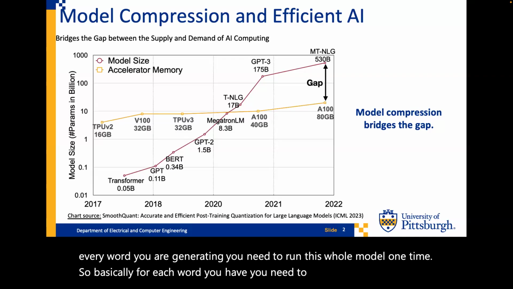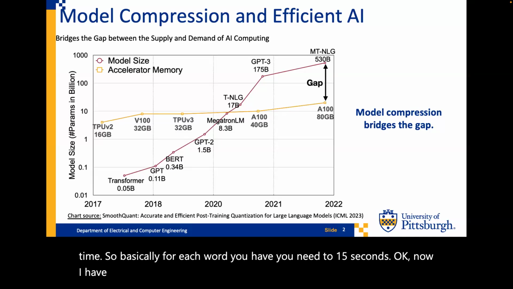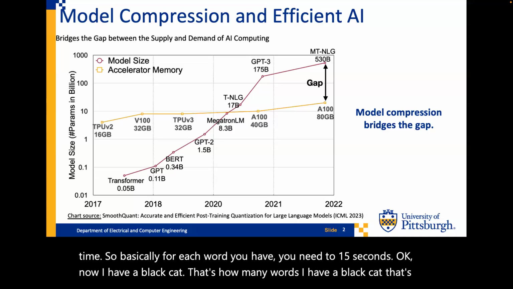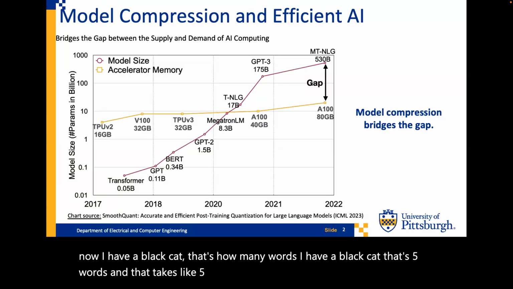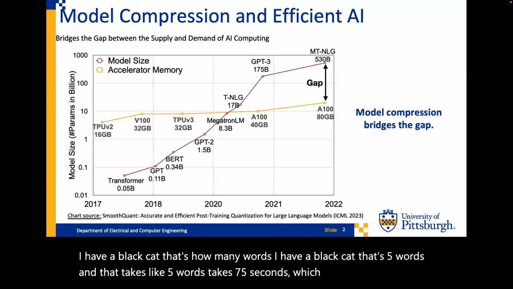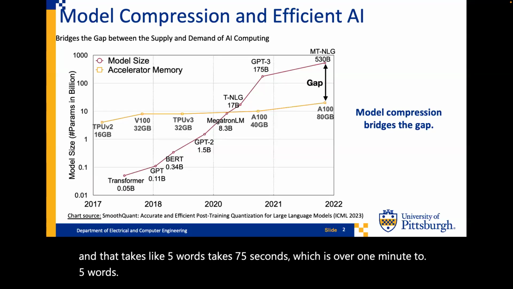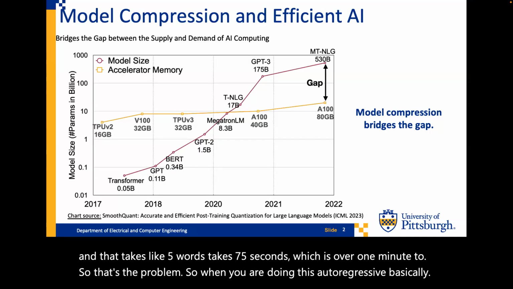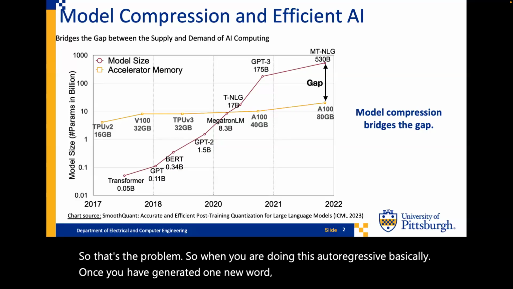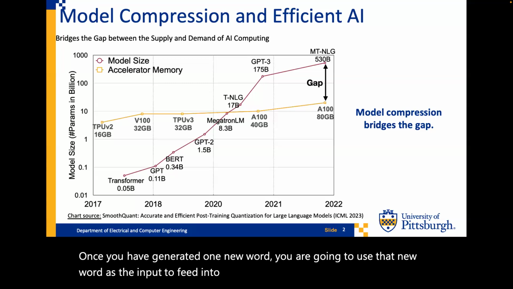Now, "I have a black cat", how many words is that? That's 5 words. And 5 words takes 75 seconds, which is over 1 minute to generate 5 words. So that's the problem. When you are doing this autoregressive, once you have generated one new word, you use that new word as input to feed into the model to generate the next token.